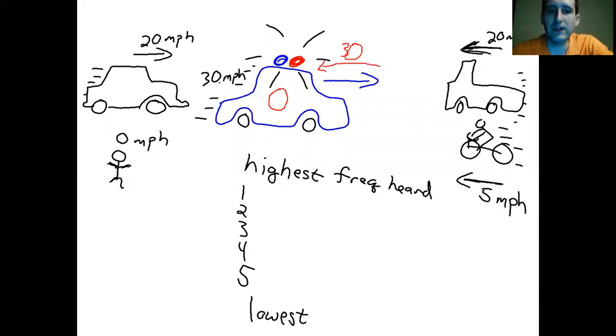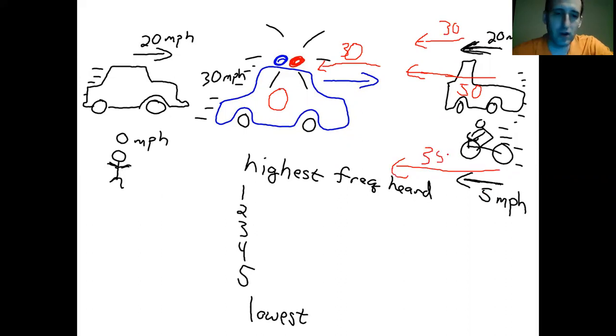That's easy for the policeman, but now we need to do that to everybody else. The truck was going 20 to the left. We add another 30 to the left, and now the truck is going 50 to the left. The bicycle was going 5. We add another 30. Now the bicycle is going 35 to the left.